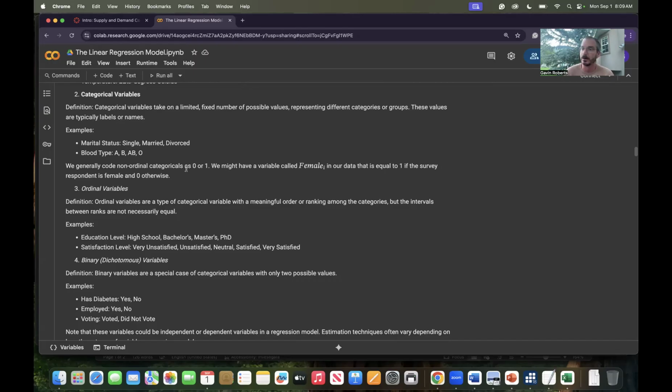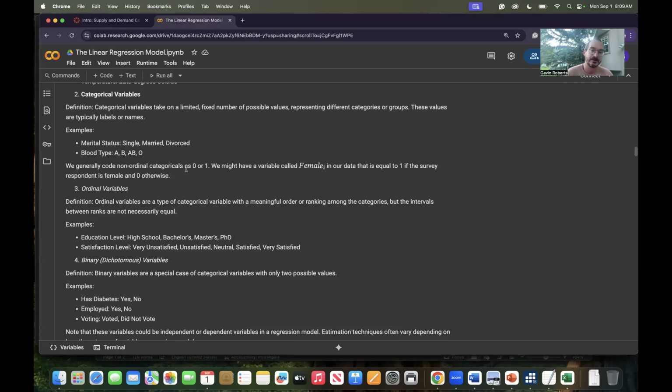Yes, then it would be 1. But we probably wouldn't want to do something like let's make A 0, B 1, AB 2, O 3. Why wouldn't we want to do that? Because that's ranking, providing order where none exists. So that would be a problem.